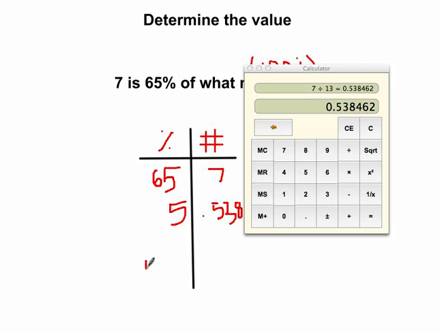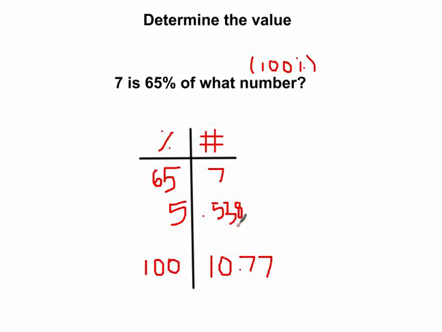Now, to get it to 100%, I need to multiply by 20. So I'm going to multiply this side by 20, and that's 10.77. So we just found that 7 is 65% of 10.77. It's working in reverse here. So that's something you're just going to need to watch.